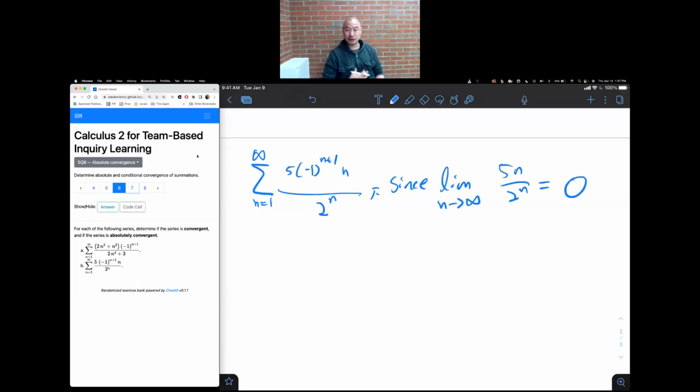L'Hopital's would show you that, as what we note by just comparing an exponential to a linear term. So the series converges by the alternating series test.